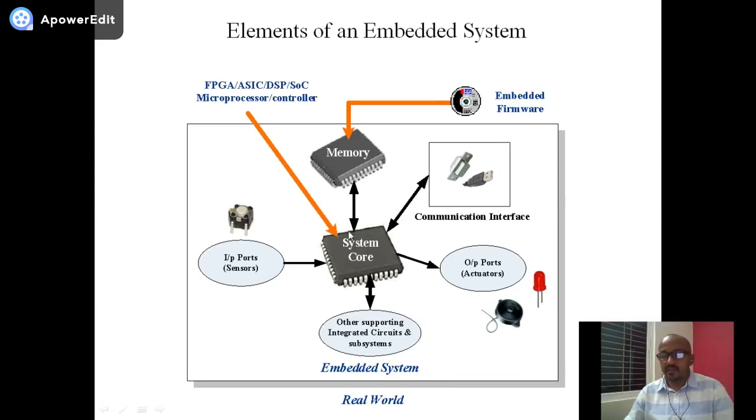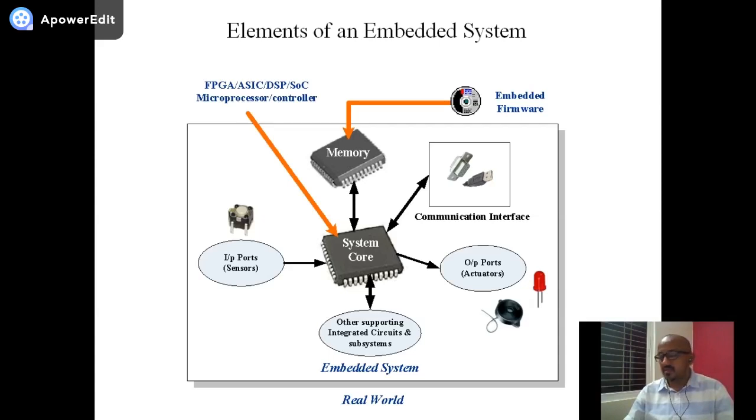Memory is required to store the program as well as data, and the embedded firmware to make the device work according to its assigned function. The communication interfaces: we use some protocols to communicate with external devices or the external world.